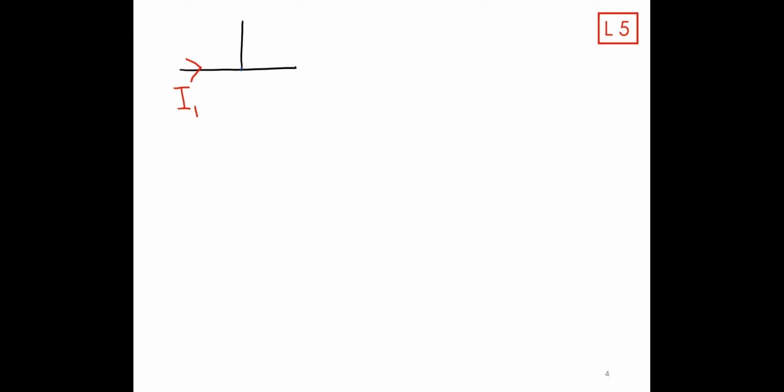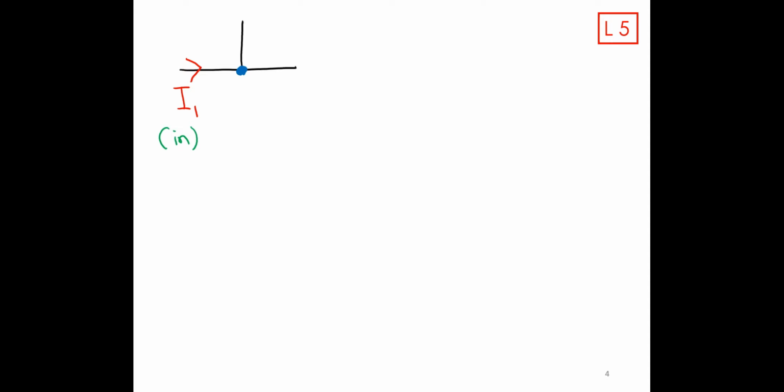So for the junction, I make it a circle to make it clear. Now your current 1 is towards the junction, towards the circle. So I write this one as in. So this is in.